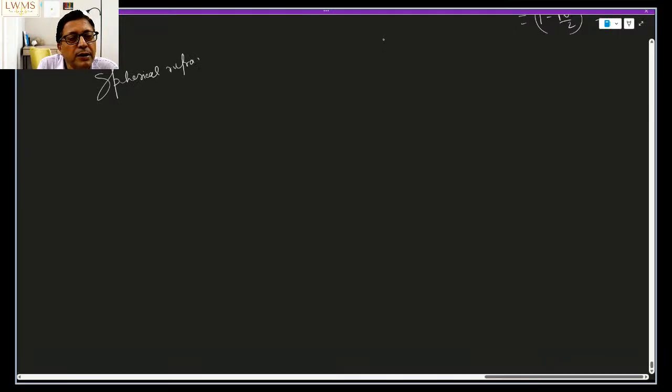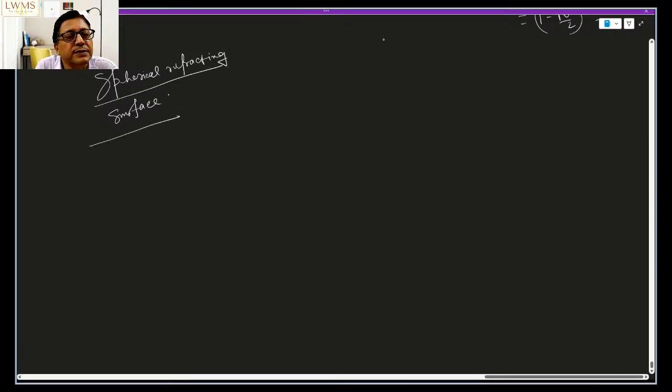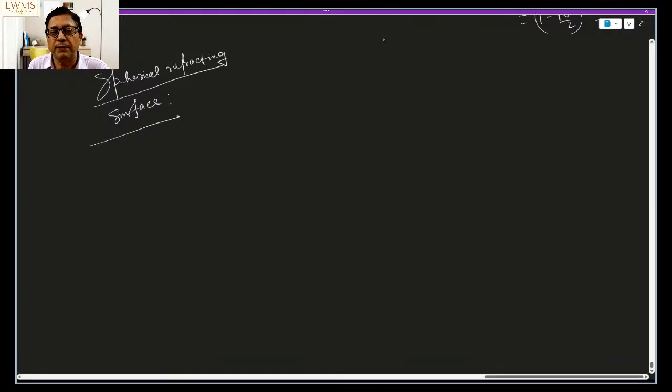Spherical refracting surface. It is a part of a sphere. Spherical mirror is part of the surface, but here it is going to be part of a glass sphere. I mean, it's like this.